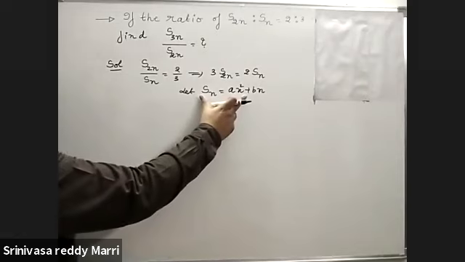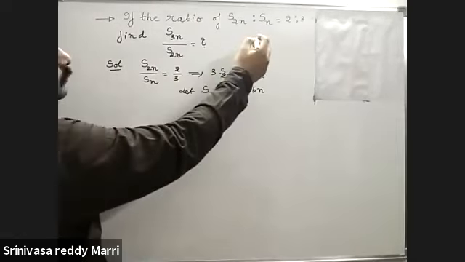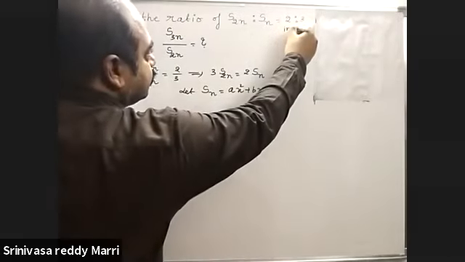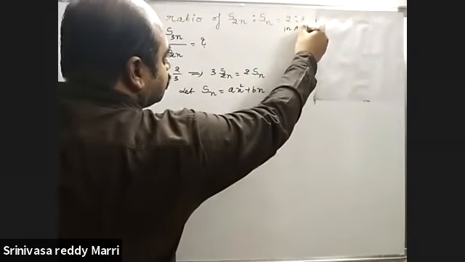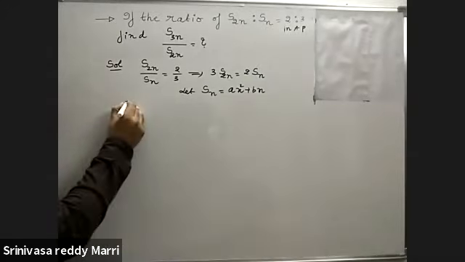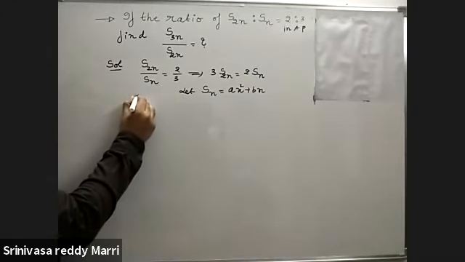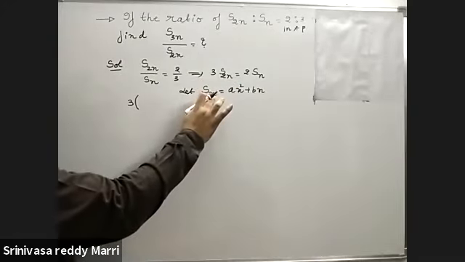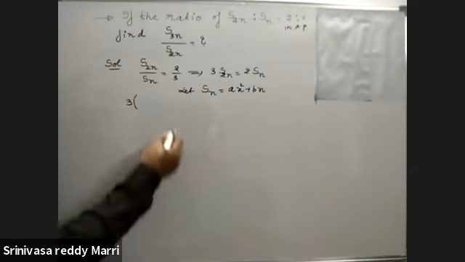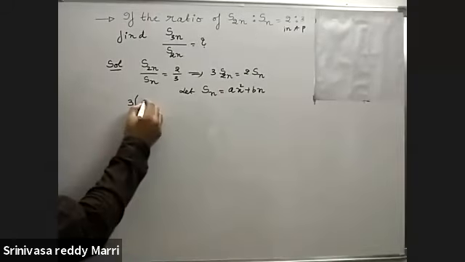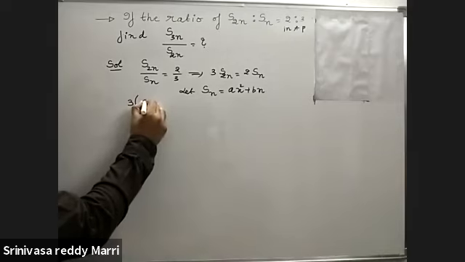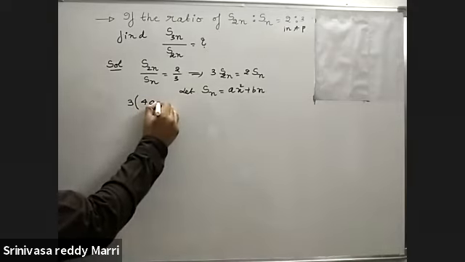Take the sum of first n terms of AP like this. Then you can find the sum of first 2n terms. S10 means you substitute n equal to 10. S2n means in this you substitute n equal to 2n and find an equation.